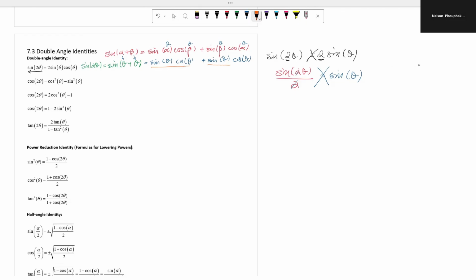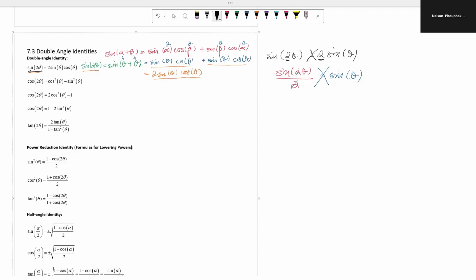Because this one and this one are the same, I can add them together and it becomes 2 sine of theta cosine of theta. This is exactly how we get sine of 2 theta equal to 2 sine theta cosine theta.